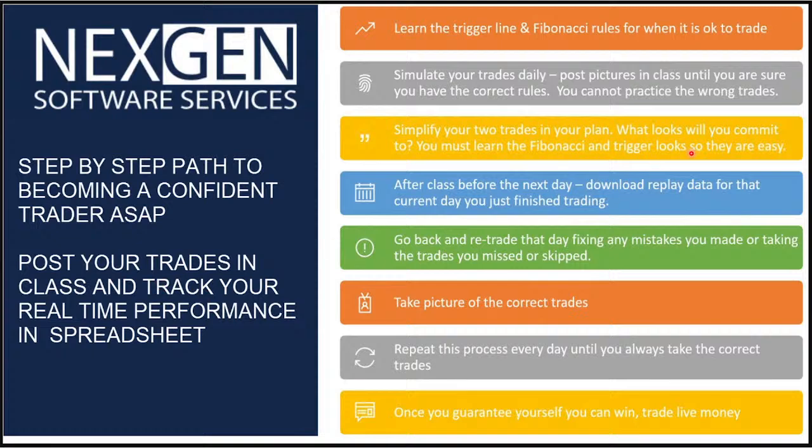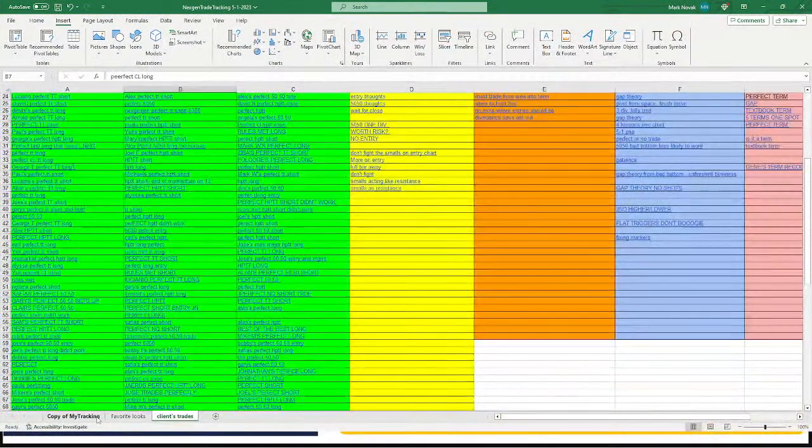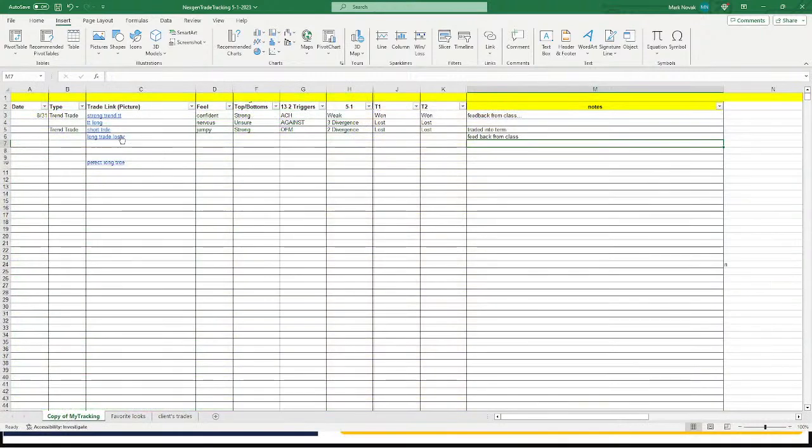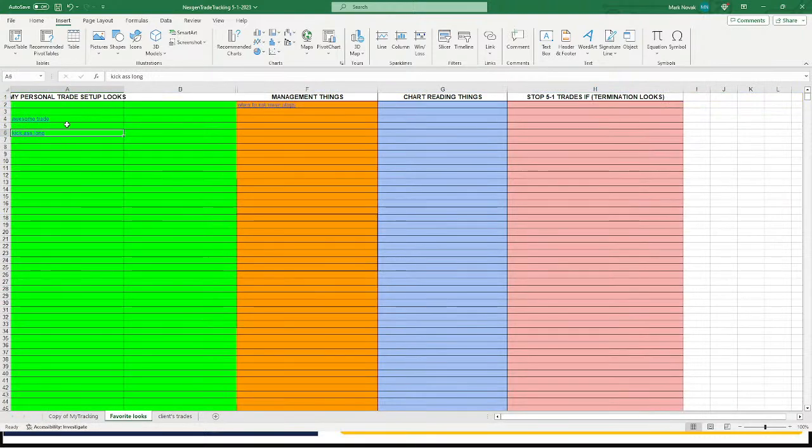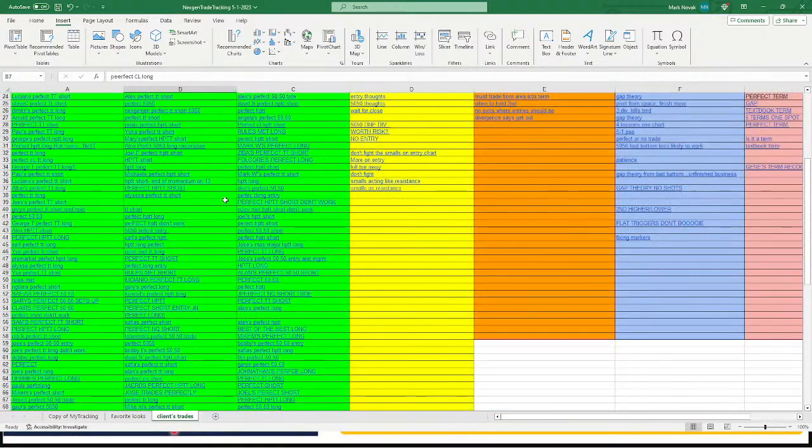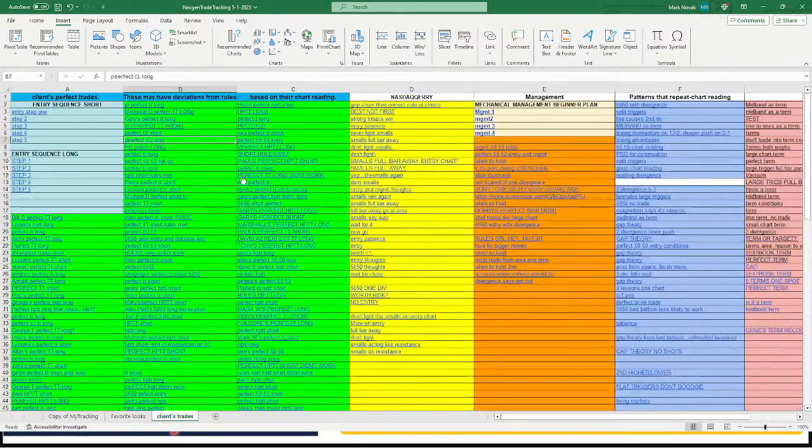So we're going to simplify. You're going to get the looks, guys. Post in the room. Use that spreadsheet. And when I talk about the spreadsheet, this is your trade journal. So everything that I do today, I'm going to look at tomorrow, right? And I'm going to try to recognize the things that are bringing me success. The things that are bringing me success work their way into my own personal trade plan. And then I'm going to get that recognition through looking at all of these things on the third tab, right?